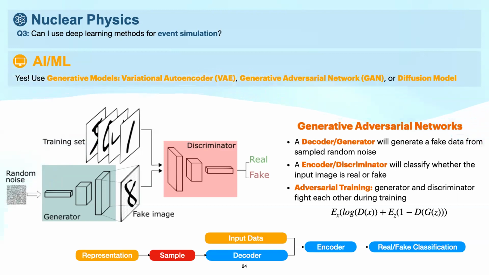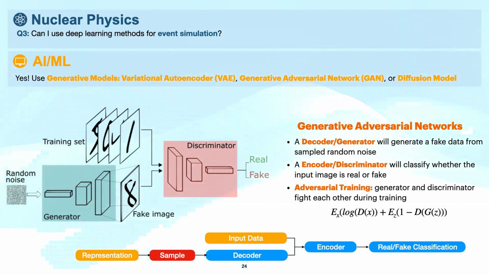So during training, that's why it's called the adversarial network, because the generator network and the discriminator network are actually fighting each other, right? They have exactly opposite goals. Your discriminator network is trying to do a classification and tell me whether this image is real or is fake, generated.